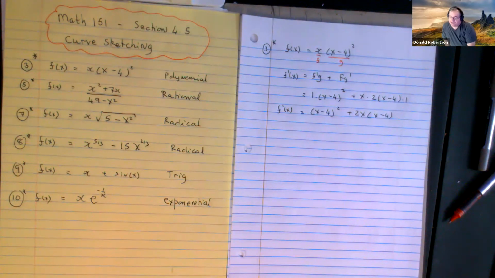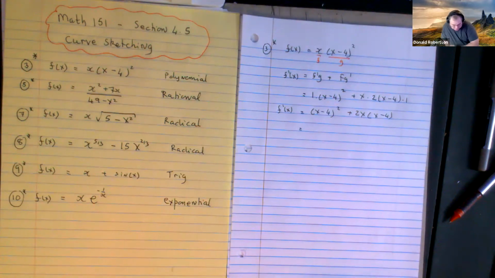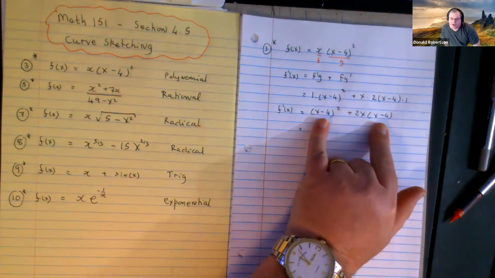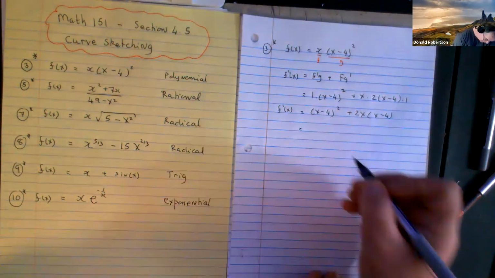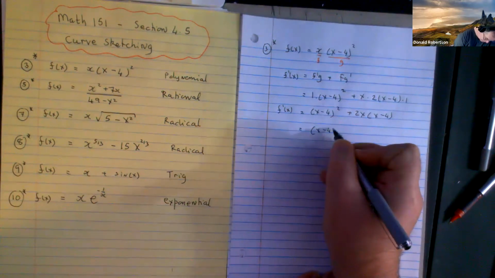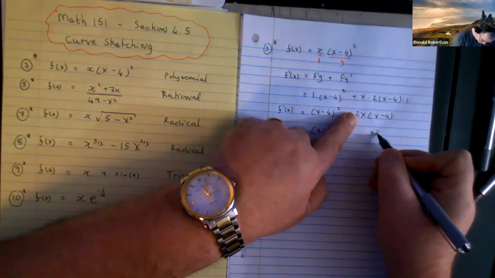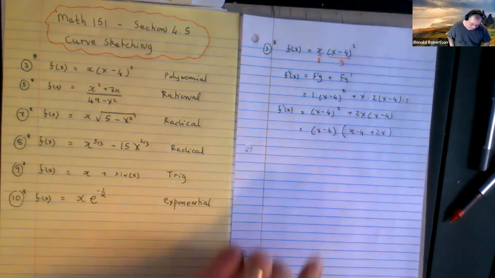Right, style points. Factor the heck out of it is basically what we're going to be doing. In this case, it is a common factor, but it's not the one that you're most commonly going to see. Do you notice that x minus 4 is a common factor? So if you pull one x minus 4 out as a common factor, you're left with plus 2x on this side and then x minus 4 on this side.